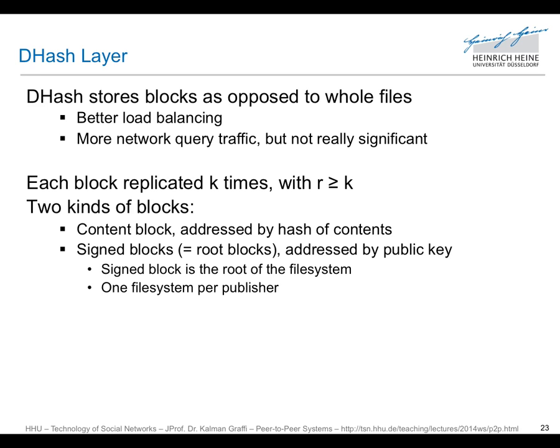And then we have two kinds of blocks. The one is the content block, addressed by the hash of the content. This is a very general concept occurring in several solutions. You take one data block, you hash it, and the hash of the block is its object ID. And the reason is the following.